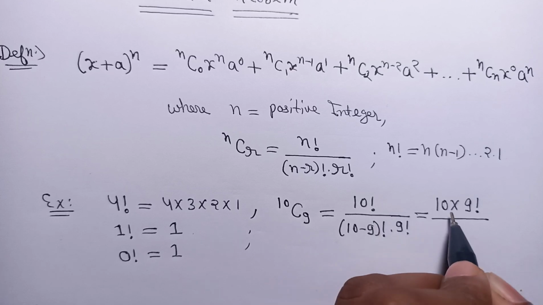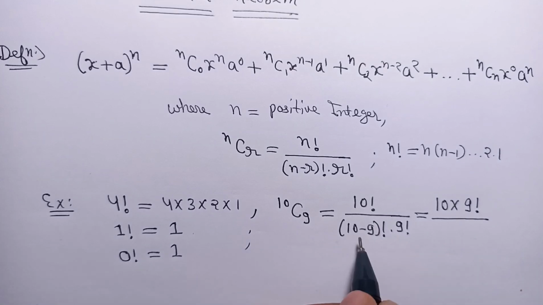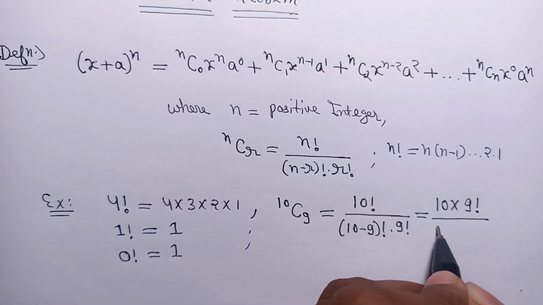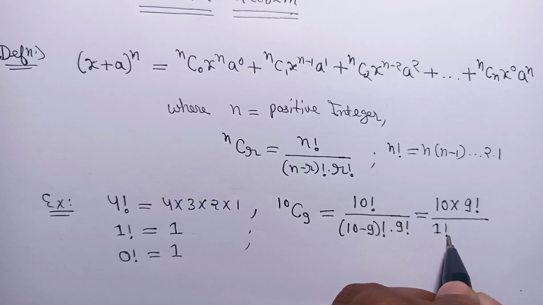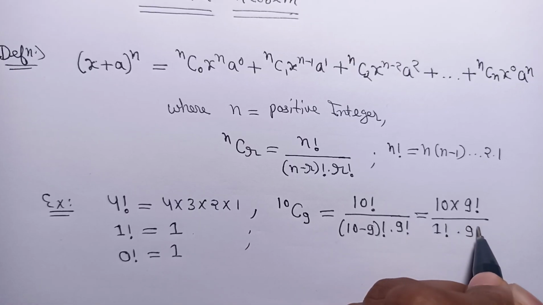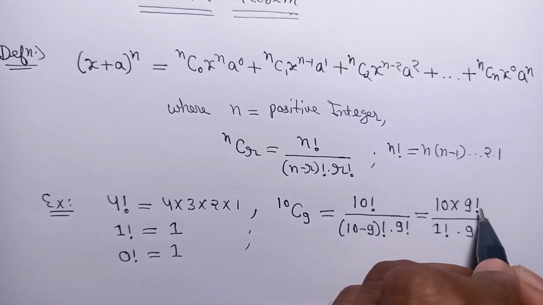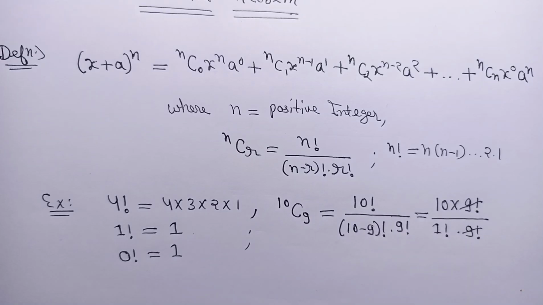So 10 factorial will be 10 into 9 factorial, and this will be divided by 10 minus 9, which is 1 factorial, and 9 factorial. As you can see, 9 factorial and 9 factorial cancel, and 1 factorial means 1 only. So you eventually get the value 10 only. So 10C9 is 10.